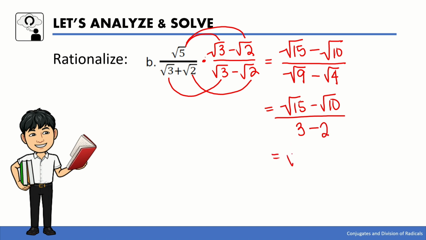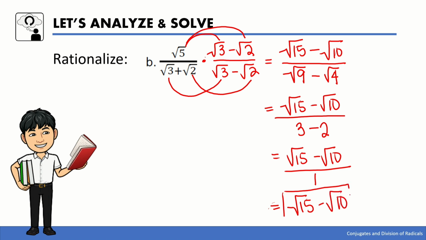Then we have now square root of 15 minus square root of 10 all over 3 minus 2 is 1. Then when we divide square root of 15 minus square root of 10 by 1, the answer here is square root of 15 minus square root of 10. So again, this is now our answer.